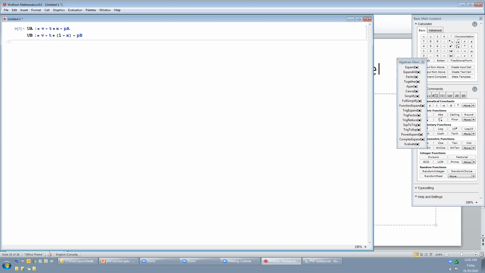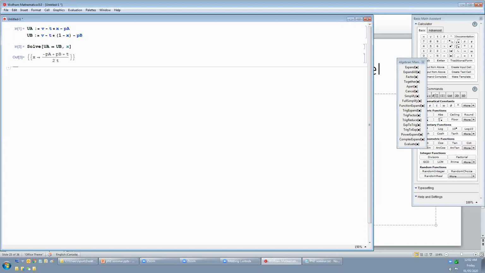What I'm asking is, what would be the x such that the utility is the same? So UA equals UB, comma x. This equation would find the x value such that the two utilities are the same.